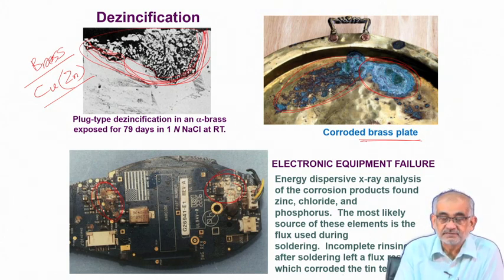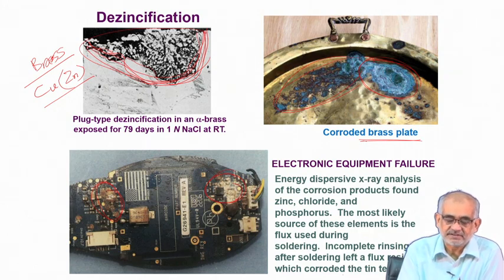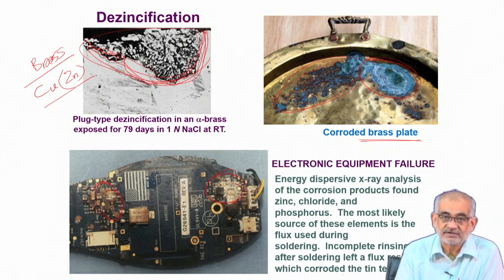Now, for connection, for completing the circuit from one particular device to another and making the whole chip an integrated chip, we do use joining by way of either soldering or in some cases even brazing.